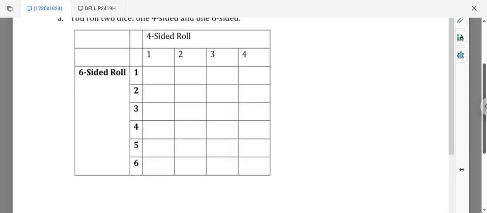All right. So, using tables to identify sample spaces. This is something you can use to help organize your information in order then to fill out the whole list of the sample space. So with the way this one is organized, we've got our 6-sided die on the rows and the 4-sided die on the columns. So when you list these, you list the row first.